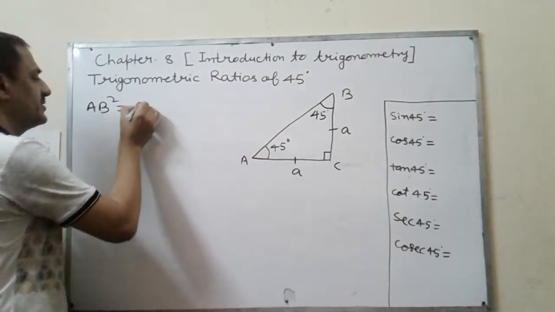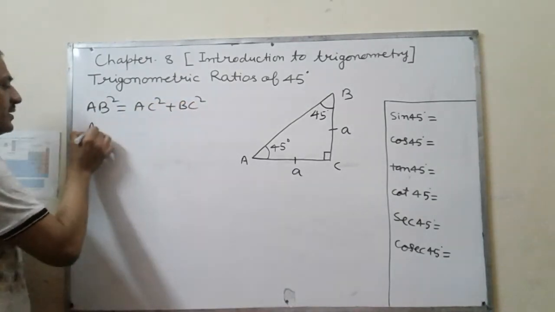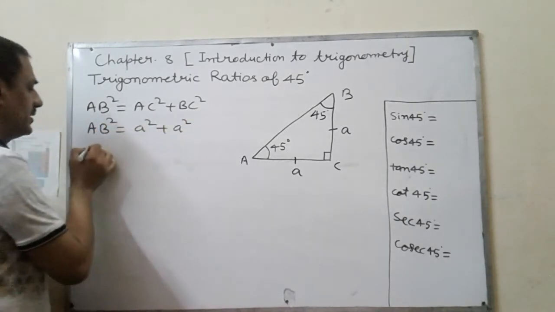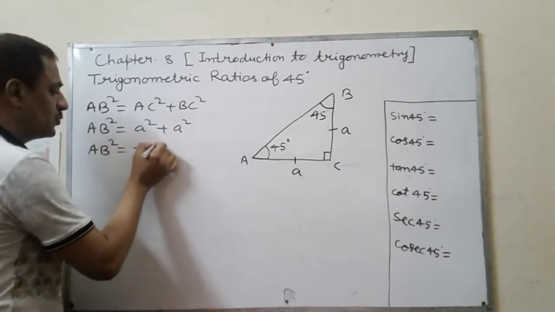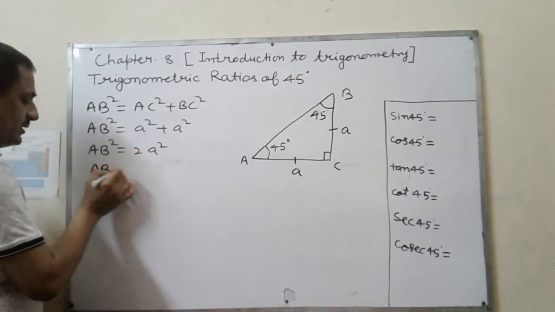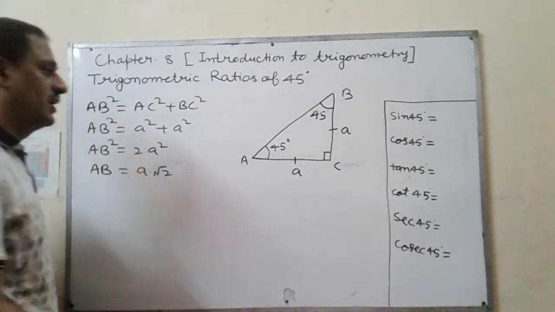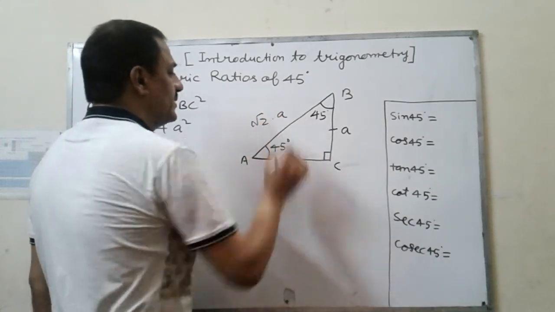AB square equal to AC square plus BC square. AB square equal to A square plus A square. AB square equal to 2A square and AB equal to A into root 2, or root 2 times A.